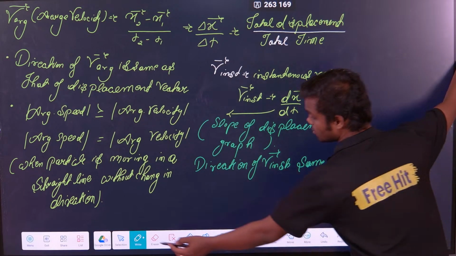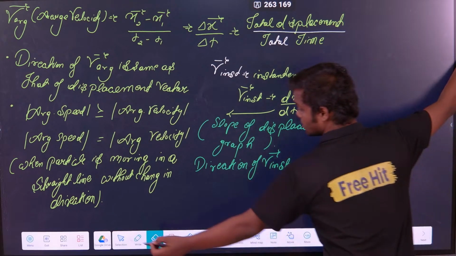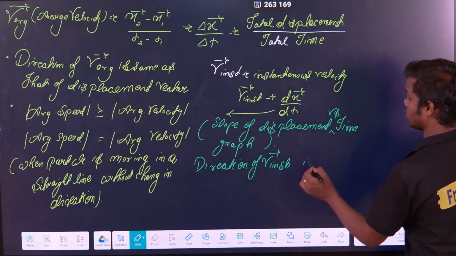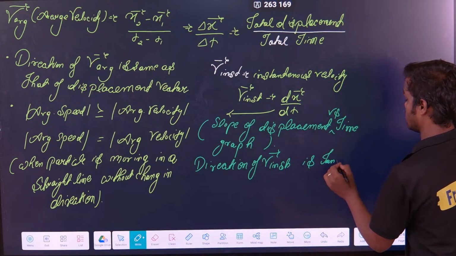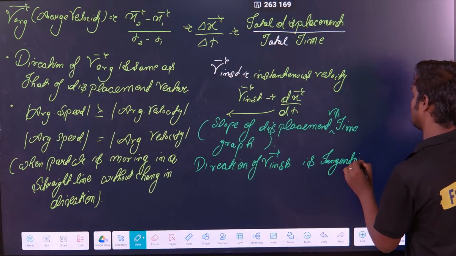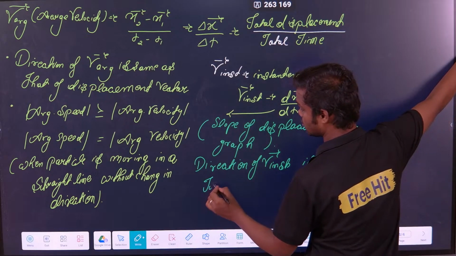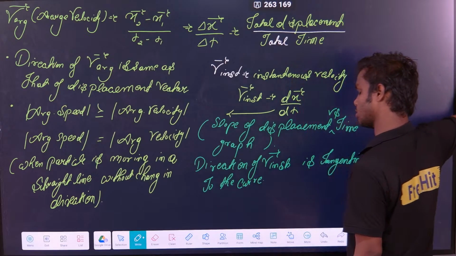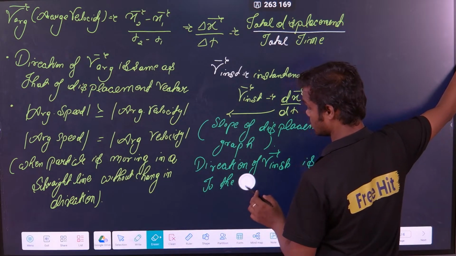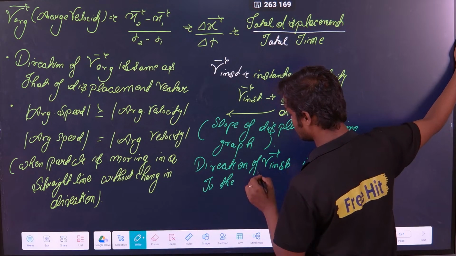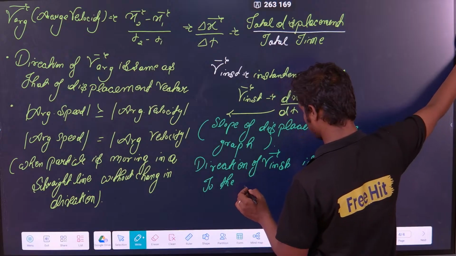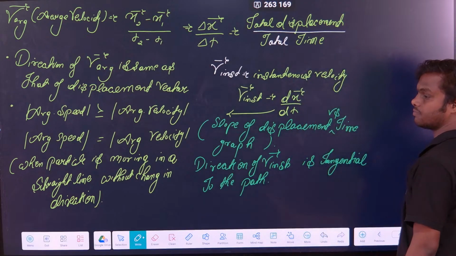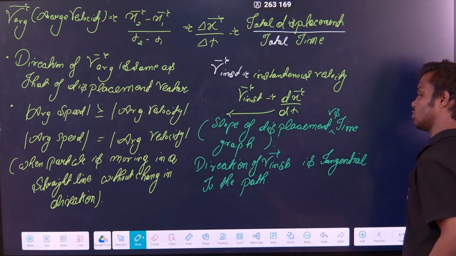Whenever we talk about the direction of V instantaneous, it is tangential to the curve or to the path. Clear? It is tangential to the curve or to the path.